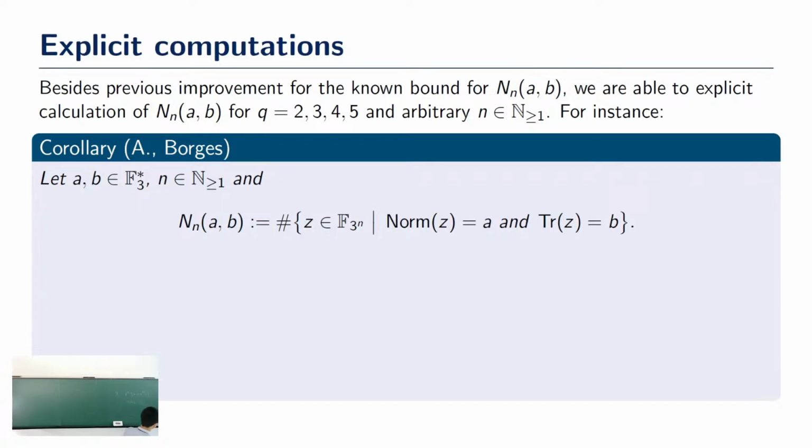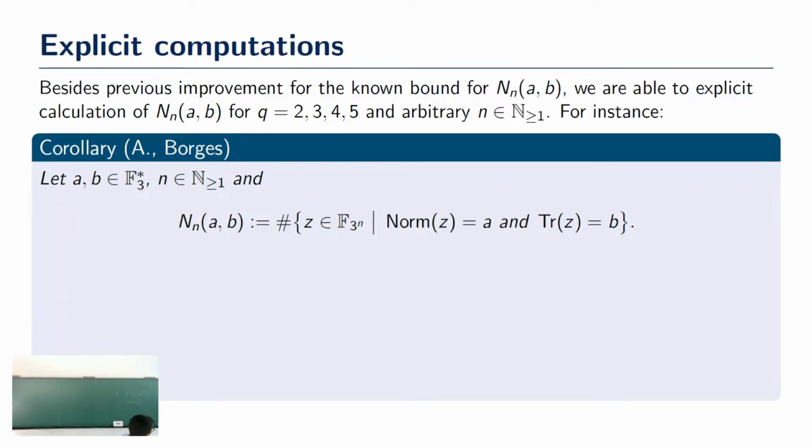I will state the application in terms of the number of elements with given normal trace, but you should know that behind it, I'm actually calculating the number of rational points on X and using the correspondence between these two numbers.